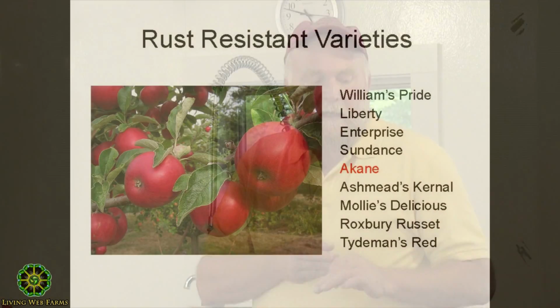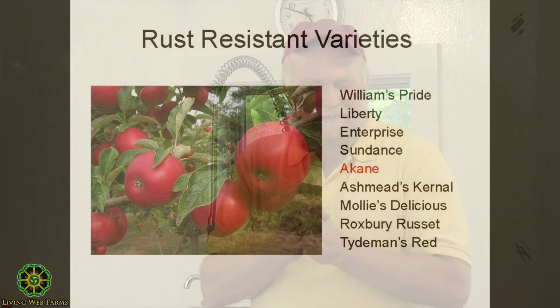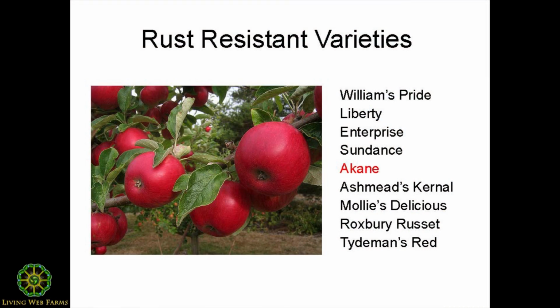So making those choices, if you're having a serious problem with that, can be really helpful. Then there's an apple called Akane, which is a Japanese variety that has a broad resistance mechanism to a number of diseases, and it's really a spectacular flavored apple. Is anyone growing Akane? That's one just to grow because of its flavor. I mean, it's really, really good. How do you spell it? Akane.